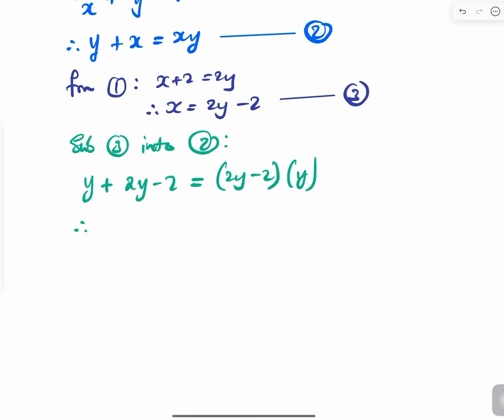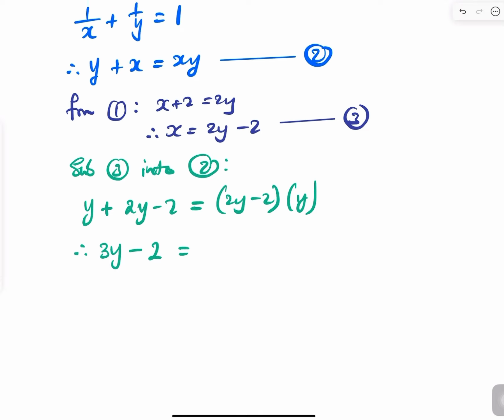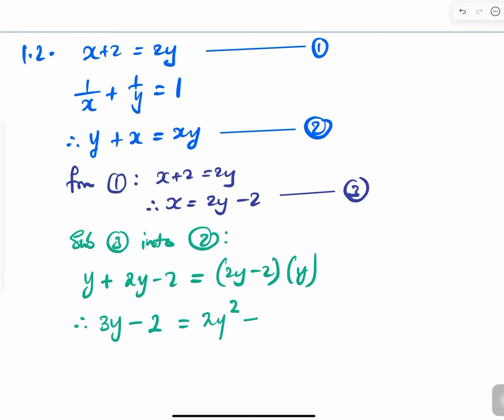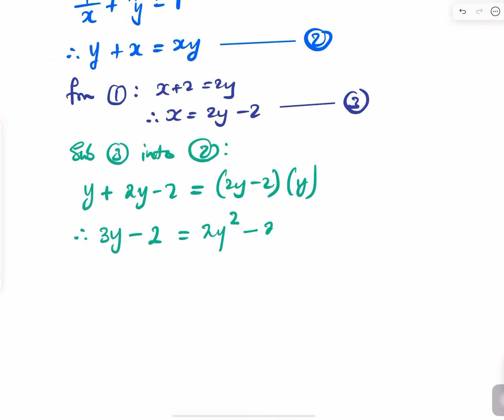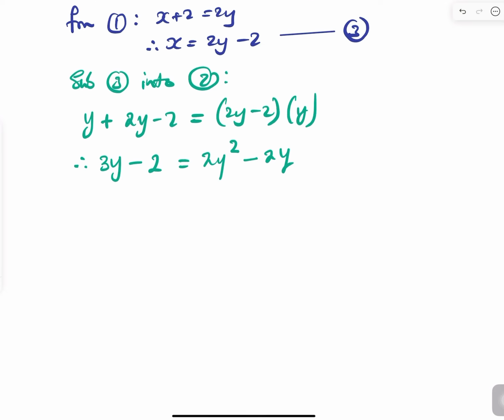Let's simplify this properly. That is going to be 3y minus 2 is equal to 2y squared minus 2y, since x times y is 2y minus 2 times y. I need to put this in standard form.